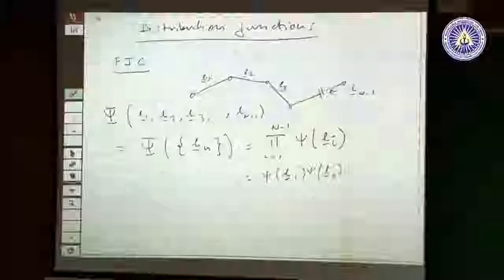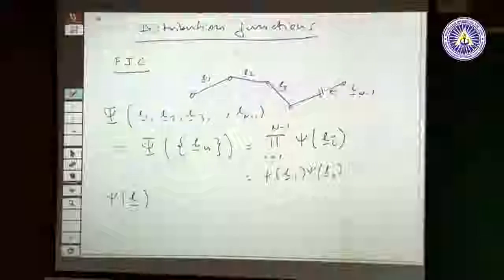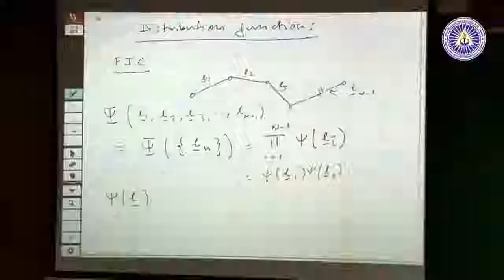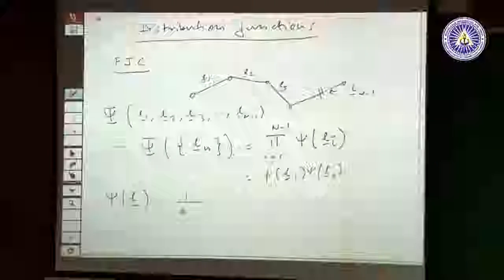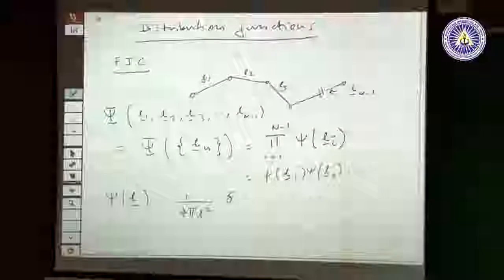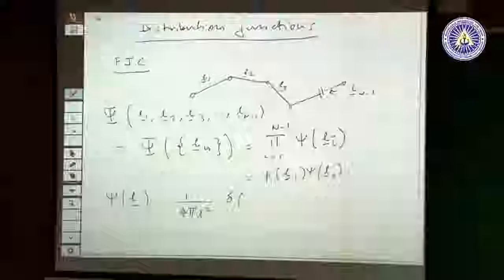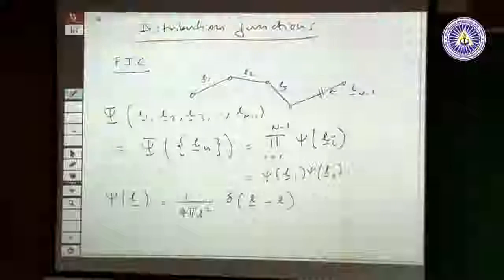The question is, what is the distribution function for any individual bond vector? We write that as 1 by 4 pi L squared times delta of the magnitude of L minus L.